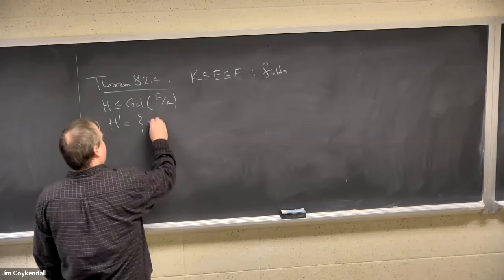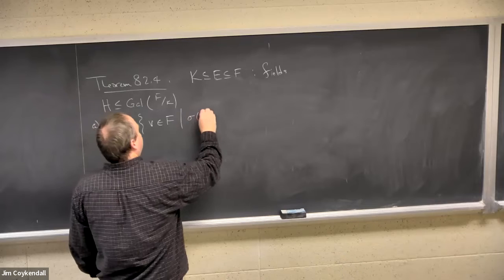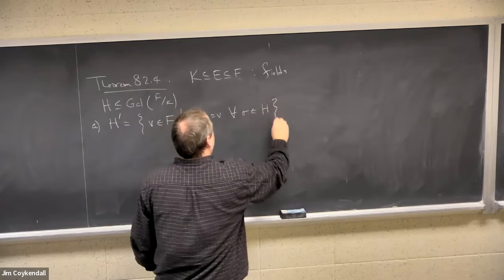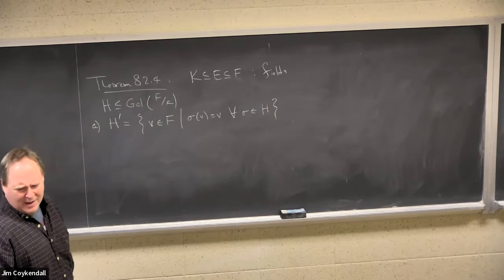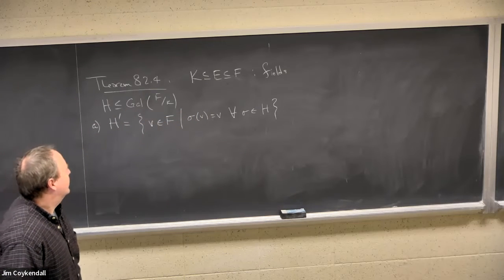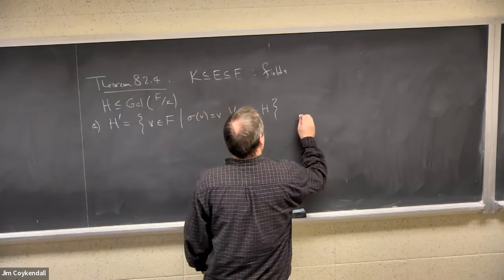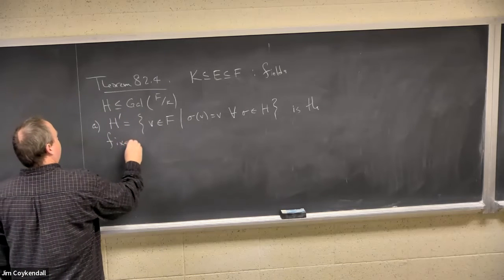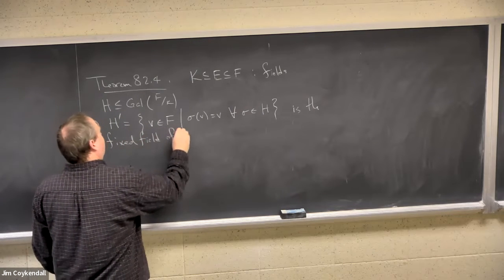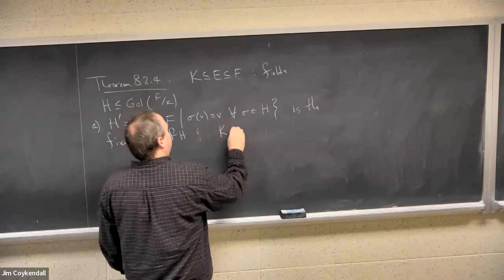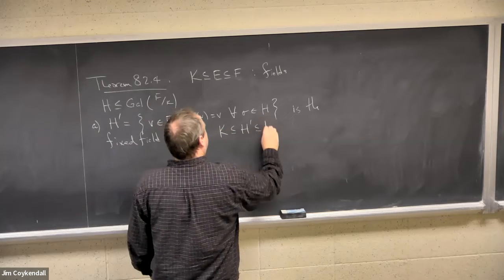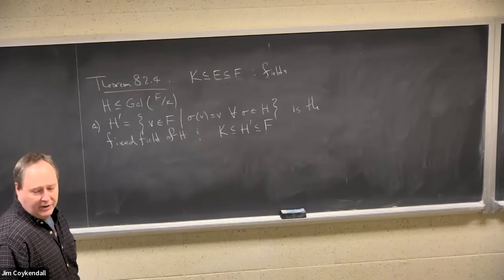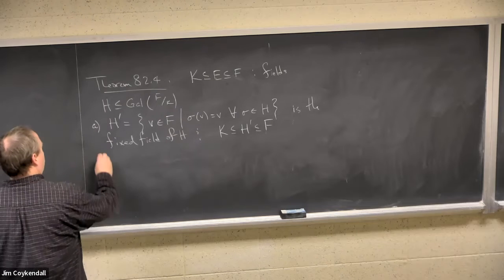H prime is the set of stuff in F such that sigma V is V for all sigma in H. This is called the fixed field of H, and the fixed field of H is an intermediate extension.